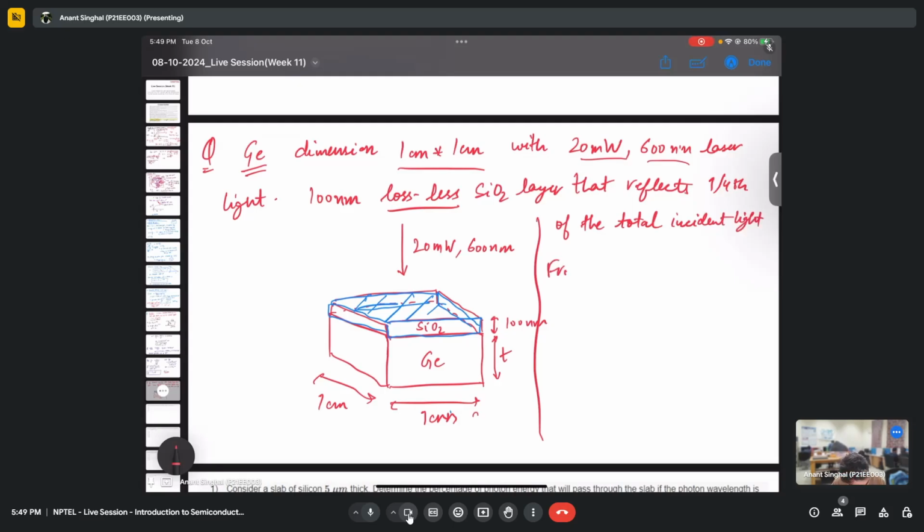From the remaining light, one third of the power is reflected from the SiO2 germanium interface.